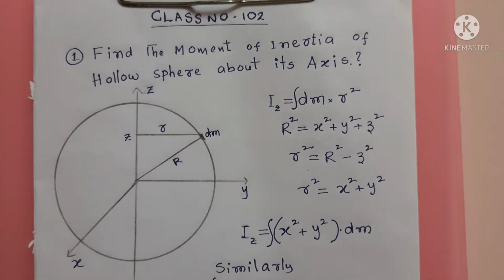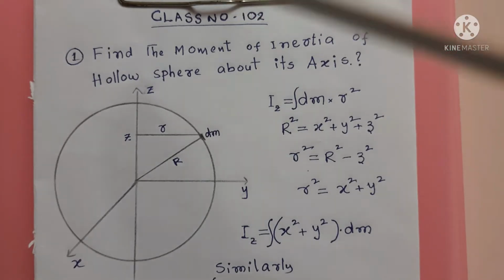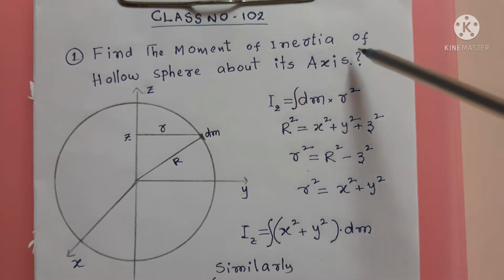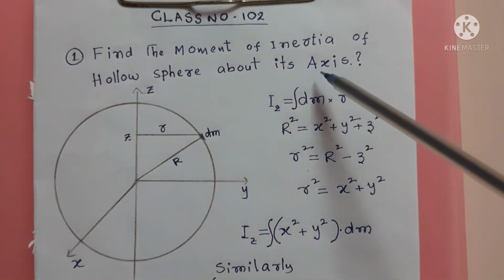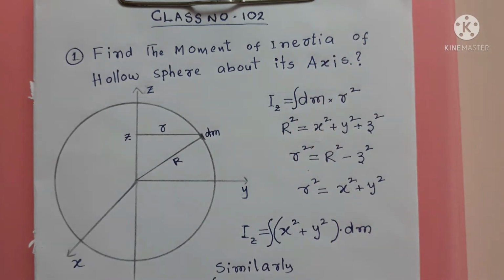This is class number 1 or 2. Find the moment of inertia of a hollow sphere about its axis. Already I told you, a sphere is a three-dimensional body, meaning it has an x-axis, a y-axis and a z-axis.